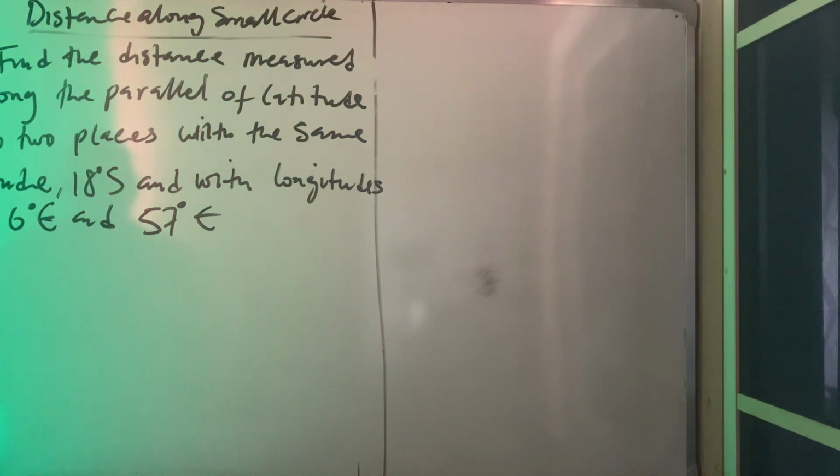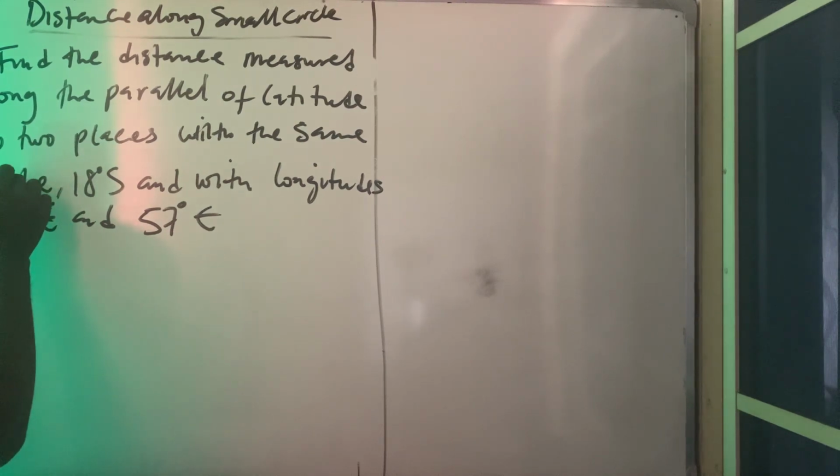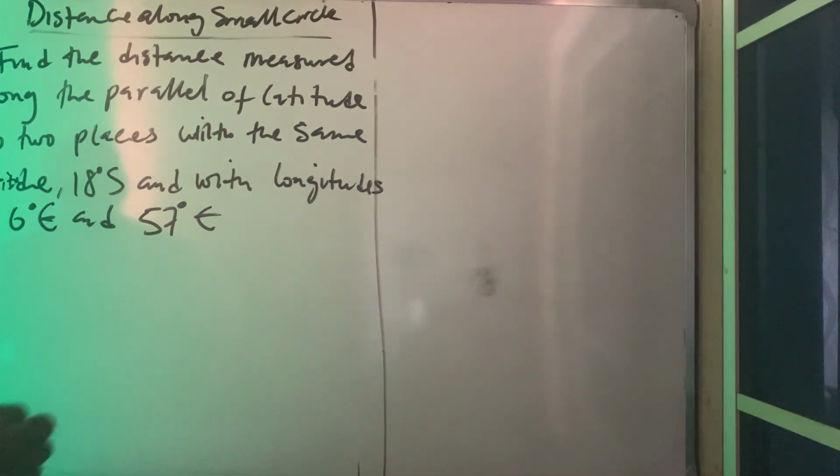Now I told you that once they have the same latitude, automatically the distance you are finding is distance on that latitude, which is distance on a small circle. But if they have the same longitude, then the distance you are looking for is on that longitude, which is distance on a great circle.